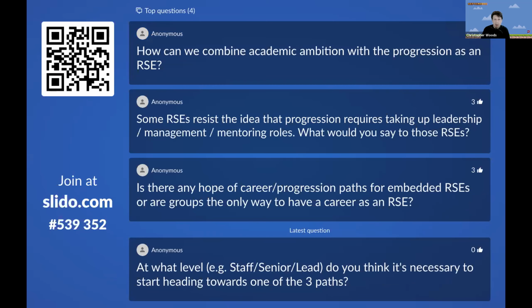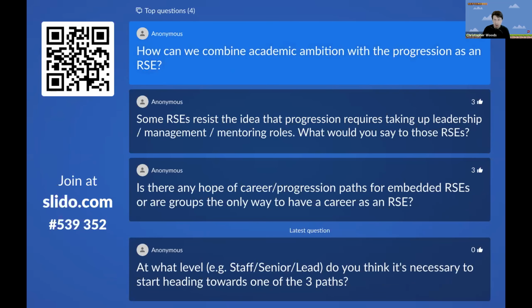Okay, so how can we combine academic ambition with the progression as an RSE? This is a really good question, and I think it depends a lot on individual conditions and national conditions and university conditions.